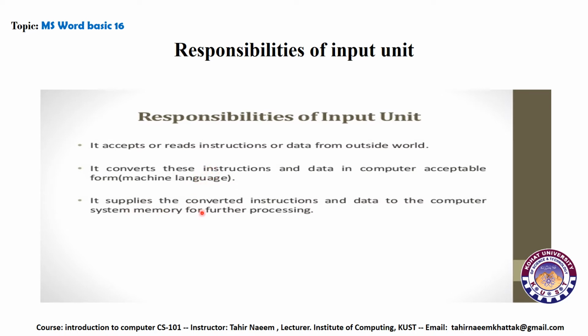It supplies the converted instructions and data to the computer system memory for further processing, as we have seen in the previous slides. So the responsibility of the input unit also includes forwarding the converted data to the system memory.